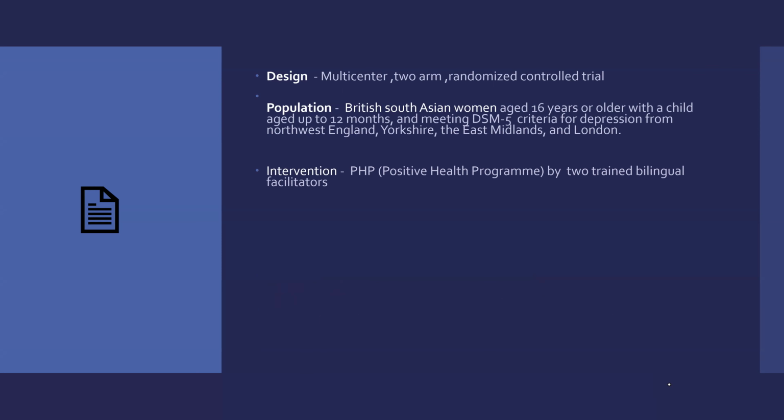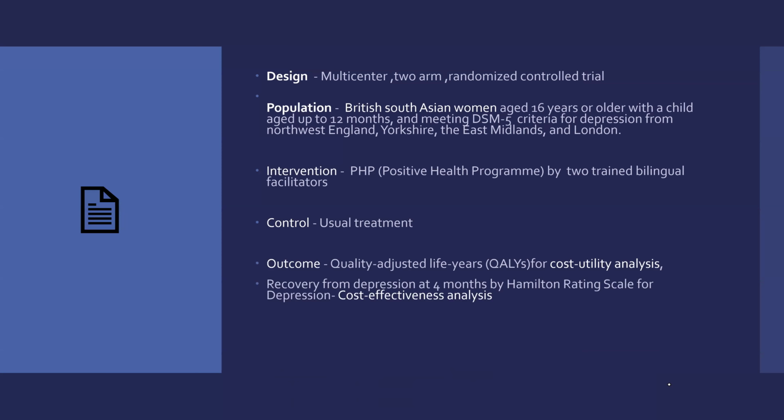They were trained staff. Control was the usual treatment, and the outcome for this study analysis: they had looked at QALYs for cost utility analysis, and they had looked at recovery from depression for cost effectiveness analysis. Here, regarding the time horizon, they have not done an analysis over the lifetime. They have done it only for 12 months here.